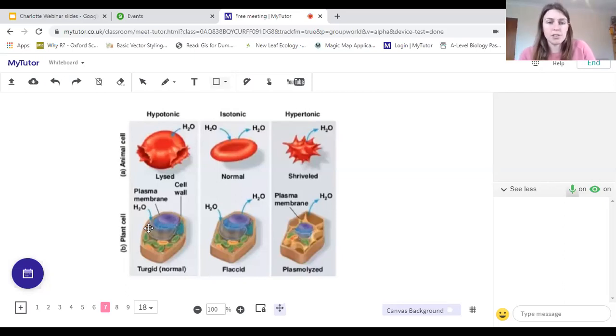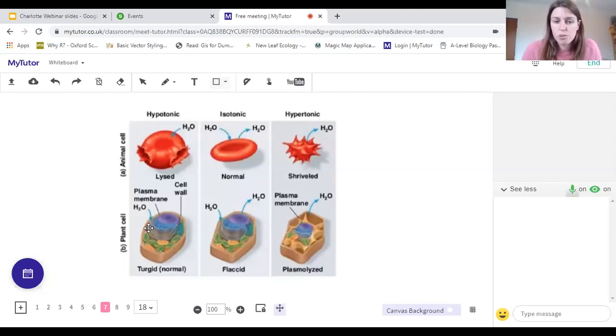If you have an isotonic solution, so your water outside the cell and the water inside the cell are at roughly the same concentration, you have roughly the same concentration of solutes as well, water is moving in and out. It's just moving around randomly, because remember, there's still that random movement of particles both ways, but in general, they'll move mostly in one direction.